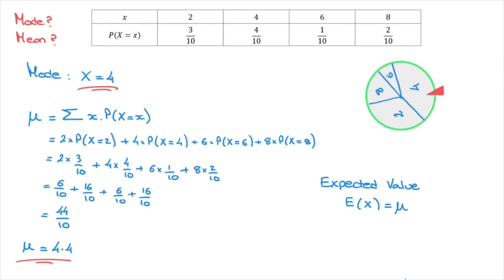Now, the term expected value can sometimes be misinterpreted. It doesn't mean that each time we do this experiment, we can expect the discrete random variable to equal 4.4. No, the term expected value refers to the value that we could expect to get on average for the discrete random variable if we repeat this experiment a sufficiently large number of times.